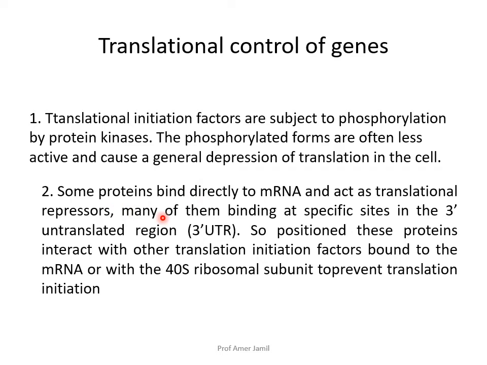Similarly, some proteins bind directly to messenger RNA and act as translational repressors, many of them binding at specific sites in the 3' untranslated region. So positioned, these proteins interact with translation initiation factors bound to mRNA or with the 40S ribosomal subunit to prevent translation initiation.